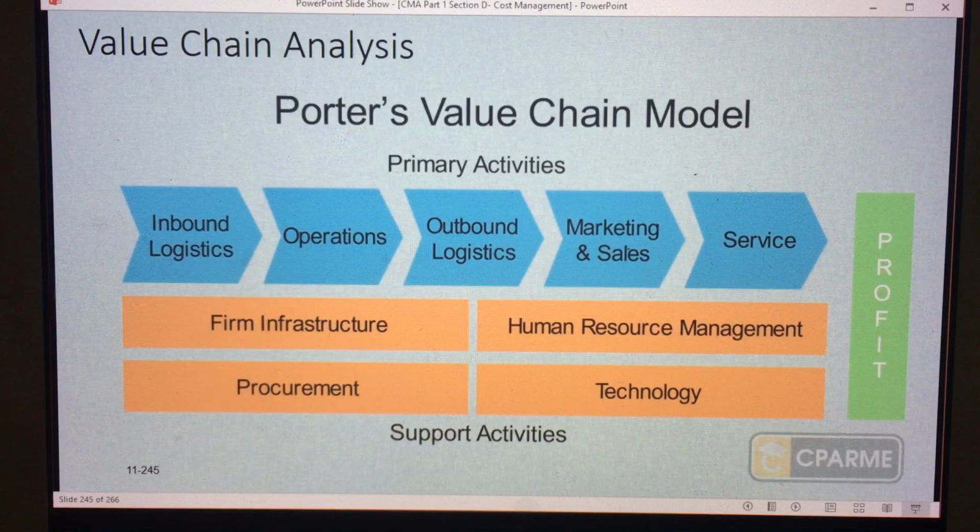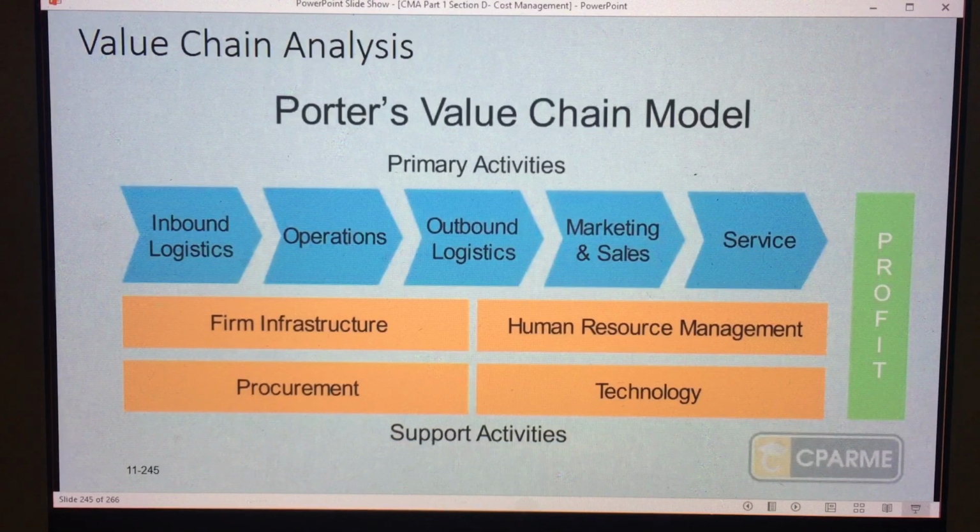So kay Porter, ang primary activities niya ay 5. You have inbound logistics, operations, outbound logistics, you have marketing and sales, and service. For support activities, this would include your firm infrastructure, procurement, HRM, and technology, all of which are arrowed to your profit. So itong mga to, they should be analyzed together.